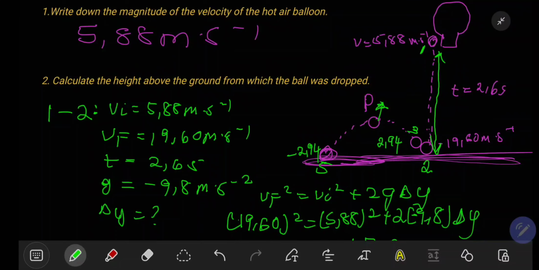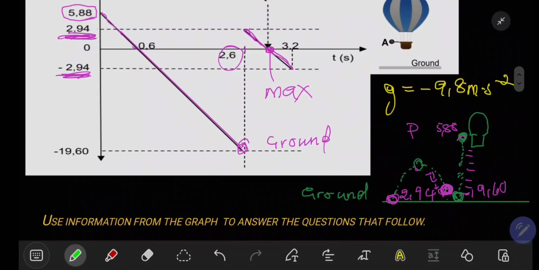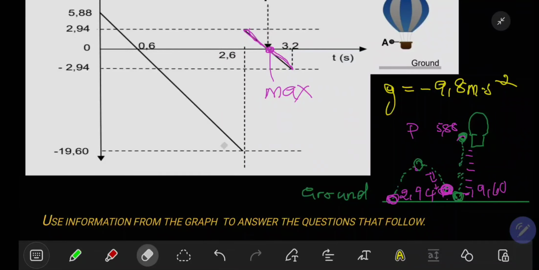So this is how we calculate it. Or you can use the graph, because we're looking for the displacement. We can use the graph in order for us to get the displacement. So remember, this 5.88 is the initial velocity, and then this is the final velocity, or the velocity at which the ball hits the ground.